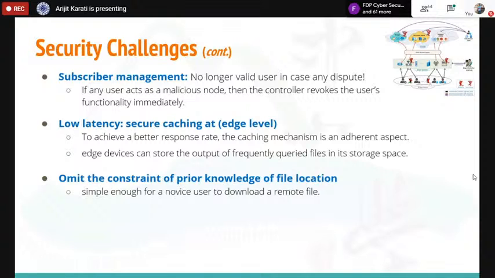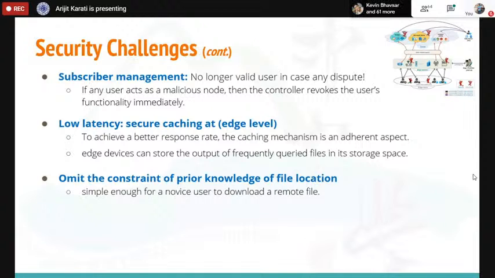The last one is not a very strong security challenge, but it can give us a more robust protocol: how to omit the constraint where prior knowledge of the file location is of utmost importance. What does it mean? If we look at the computational model, the data is stored maybe in Google or maybe in Amazon, for example.